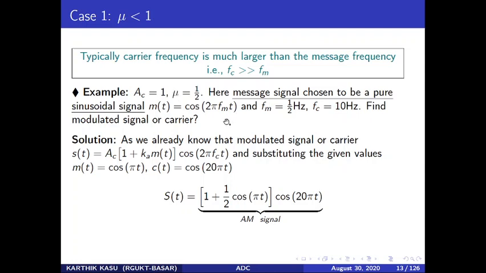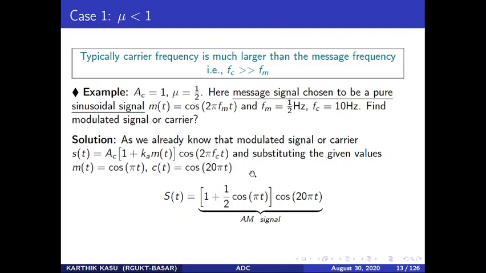Correct? Now, we already know the generalized AM equation: s of t equal to Ac times 1 plus Ka m of t, times cos 2 pi fc t. Substituting the given values, m of t equal to cos pi t, c of t equal to cos 20 pi t.